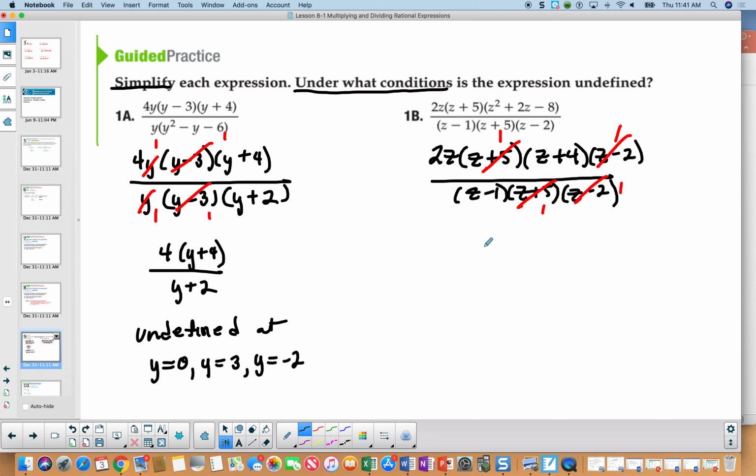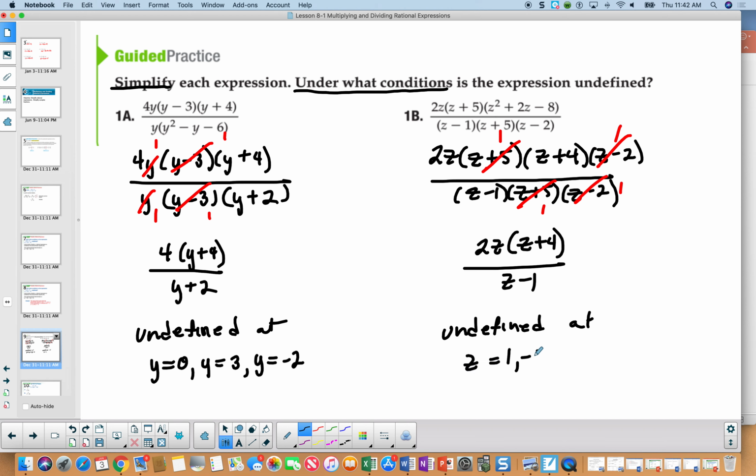And what I have left is 2z, z plus 4, all over z minus 1. It's undefined, and again, you look at the original denominator, and so that'll be at z equal to 1, -5, and +2.